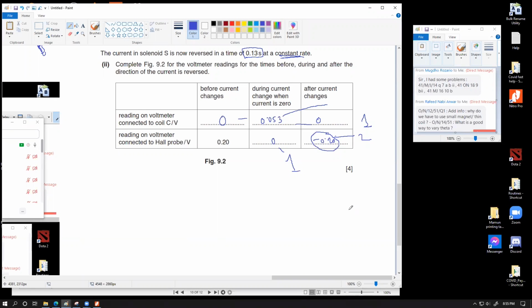Good mark scheme. 5 blanks and 4 marks. But it works. Does it make sense? Is it understood? Sir, is it 1? Yes sir, this mark is 1. Here the 0 value is 1 mark. Here 0.20 for magnitude is 1, for the minus another 1, that is 2, and if all three values are simultaneously correct, the remaining 1, total 4 marks.